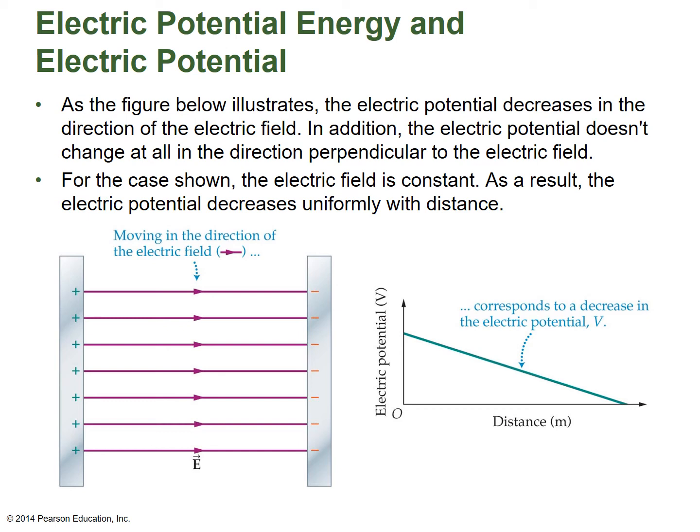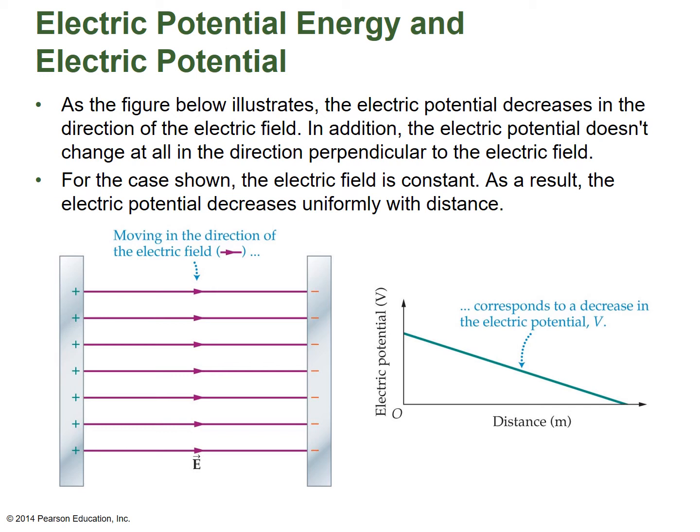As it moves in the direction of the field, it will lose energy. As the figure below illustrates, the electric potential decreases in the direction of the electric field. Any charge that moves in the direction of the field will lose energy, so its electric potential decreases.